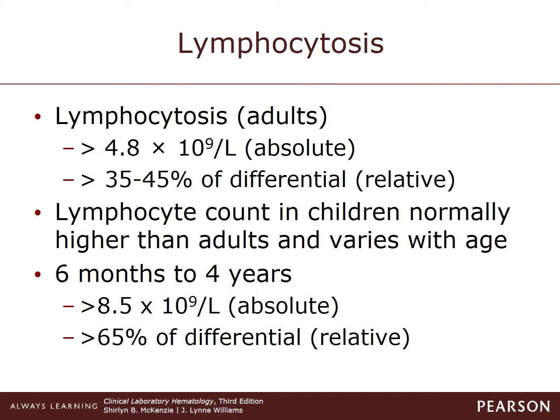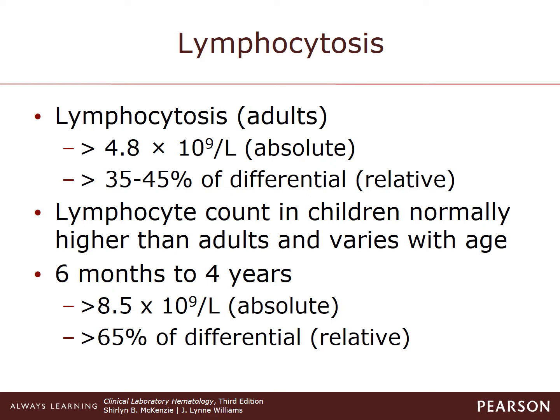An increase in lymphocytes is called lymphocytosis. It can result from a relative or absolute increase in the lymphocytes. An absolute lymphocytosis occurs in adults when the lymphocyte count exceeds 4.8 times 10 to the 9 per liter, and a relative lymphocytosis is present when the lymphocyte differential exceeds 45%, depending on the race.